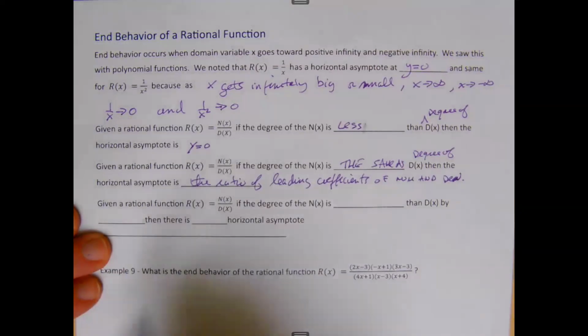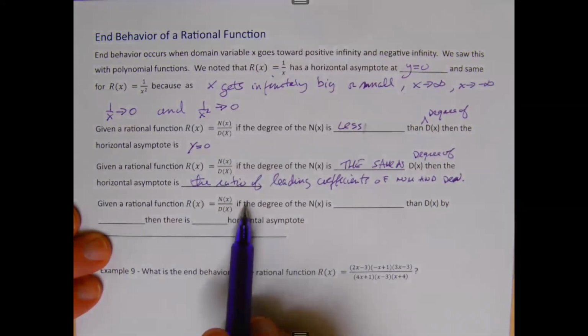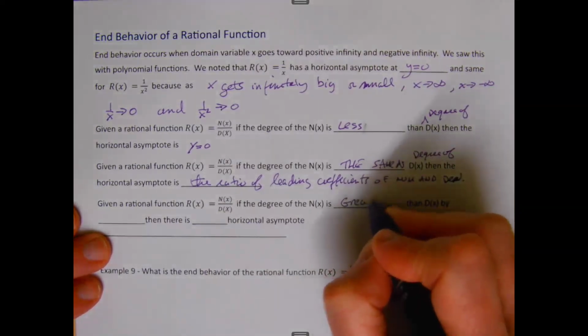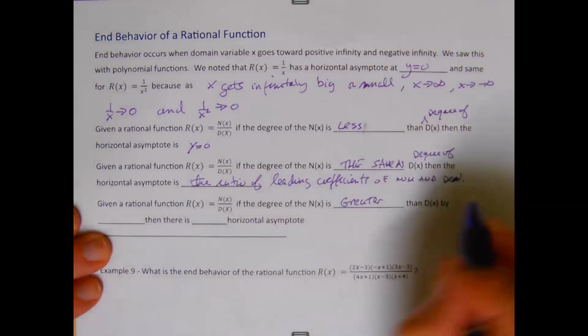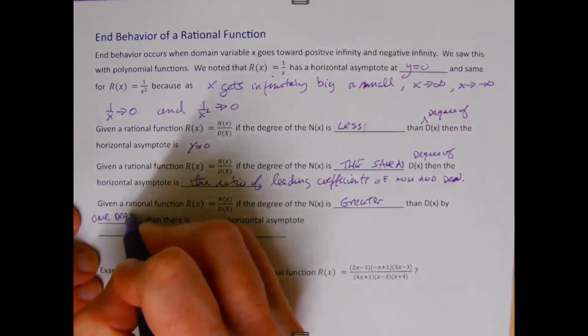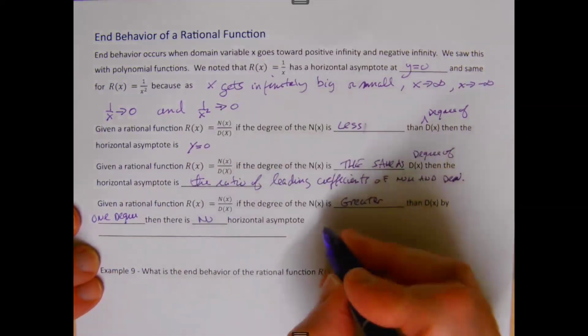Okay. Given the rational function R(x) equals N(x) over D(x), if the degree of N(x) is greater than D(x) by 1 degree, then there is no horizontal asymptote.